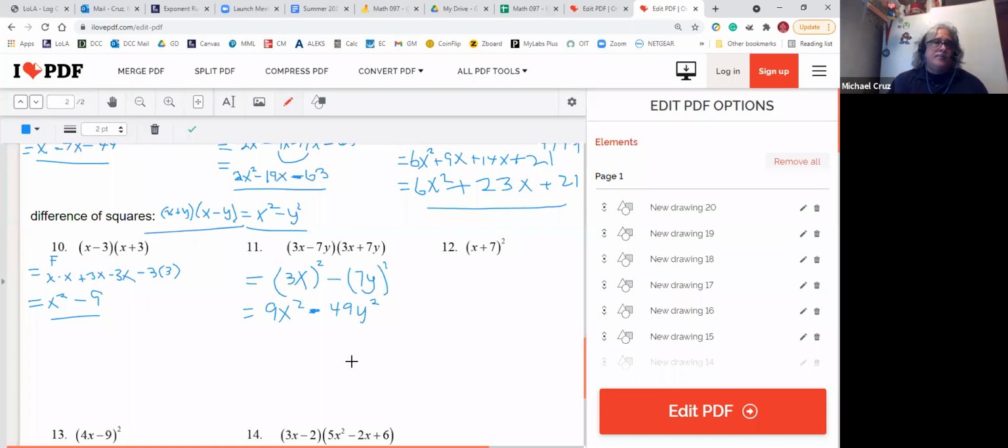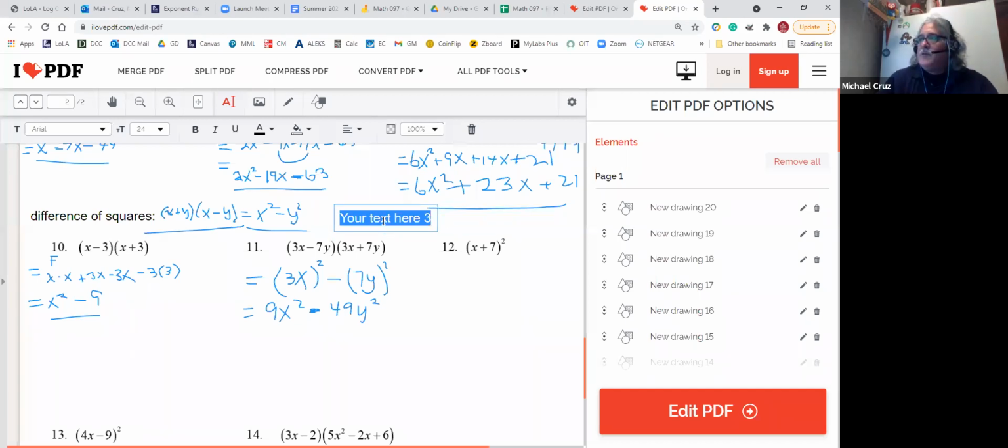All right. This one here is called the sum of squares. Oops, the sum of squares.